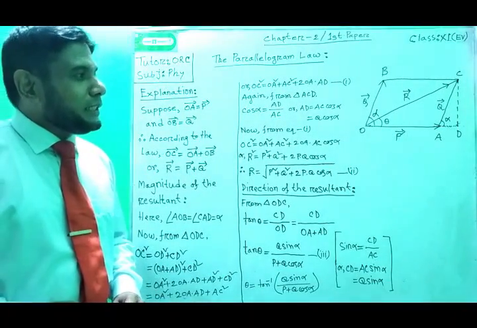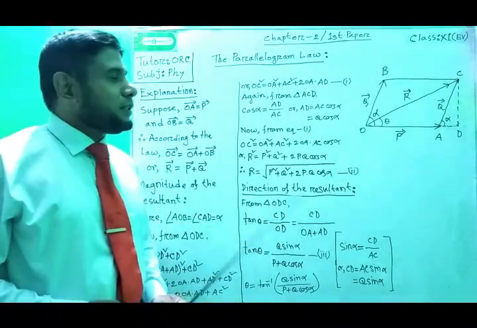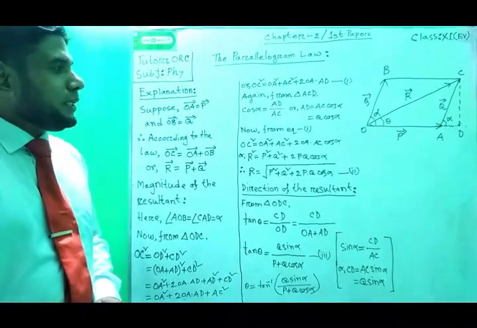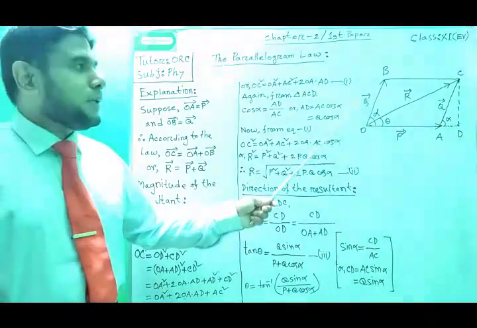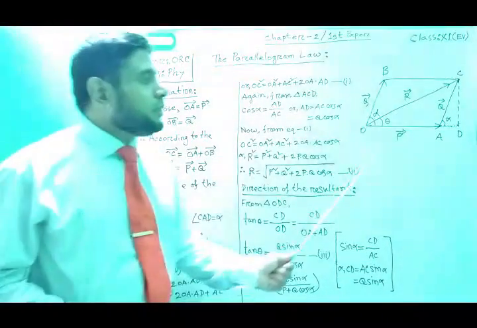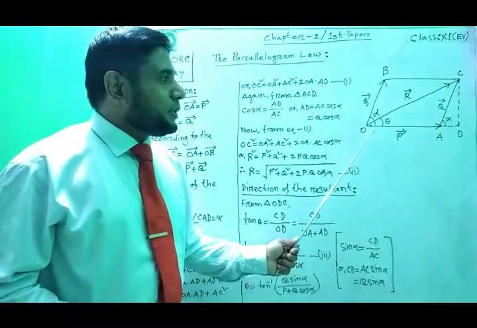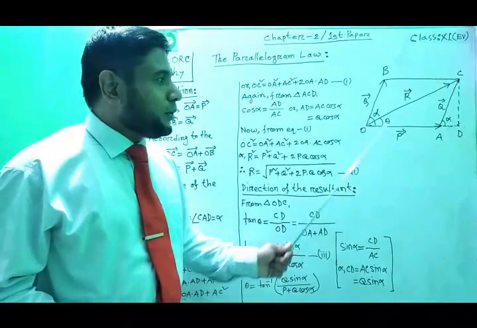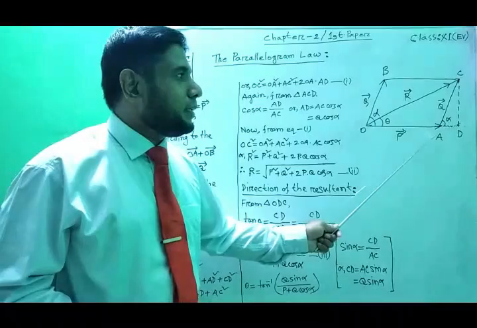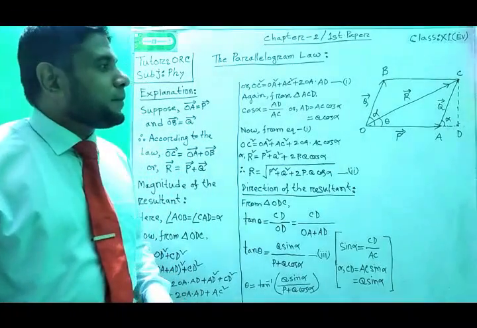So now we'll see how we can find out the resultant of two vectors. First of all, to find the resultant of those two vectors exactly, we have to maintain some formalities. Suppose we have already drawn the parallelogram OACB.